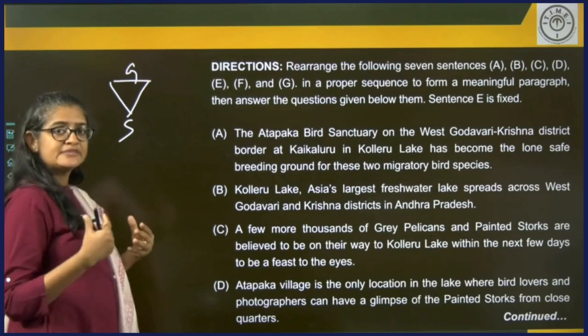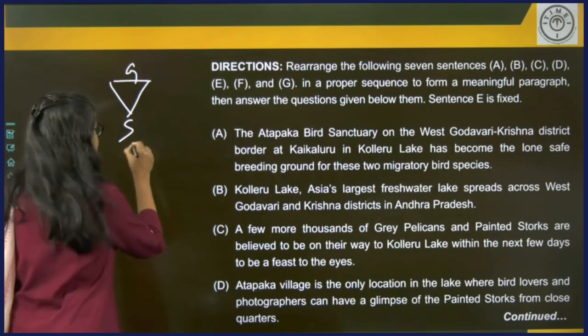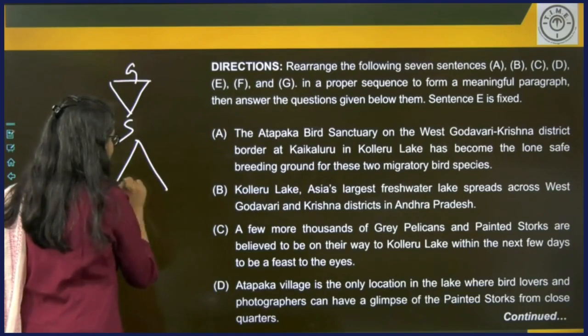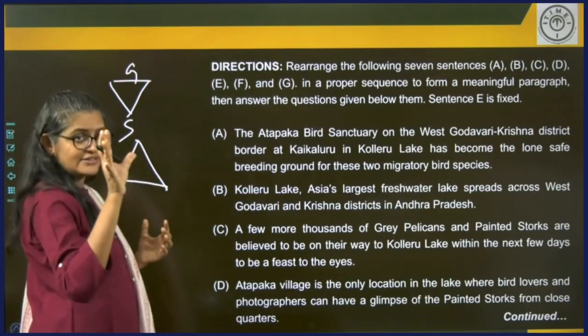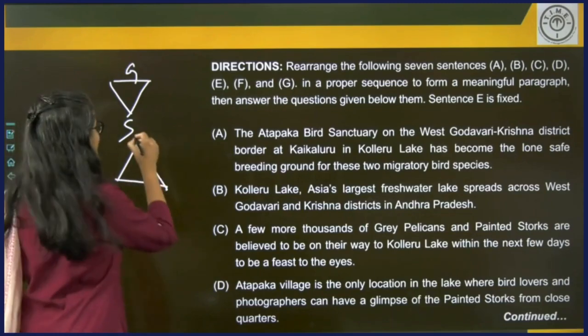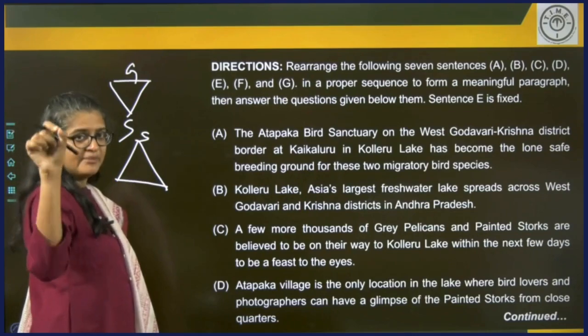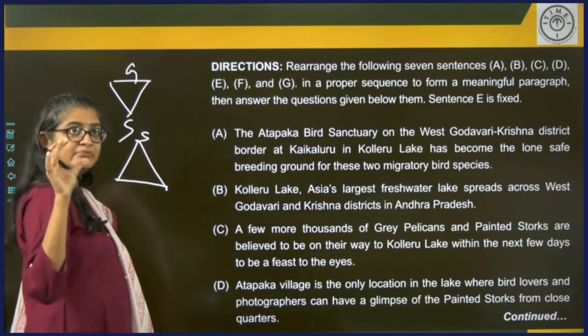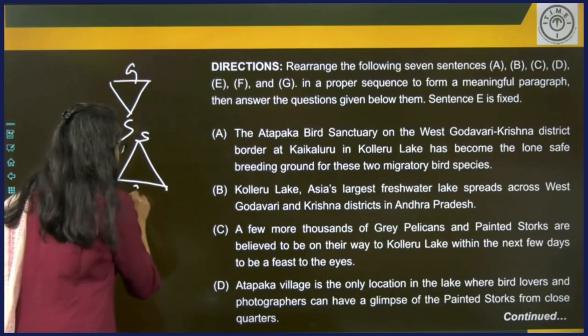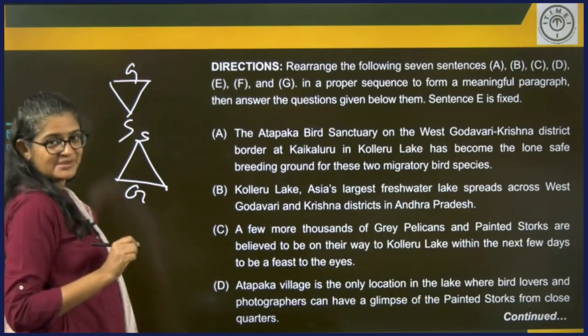Sometimes the author decides to start with a specific sentence for more impact. They start with a specific sentence, maybe an example of something or some data, and then they get to the general statements.